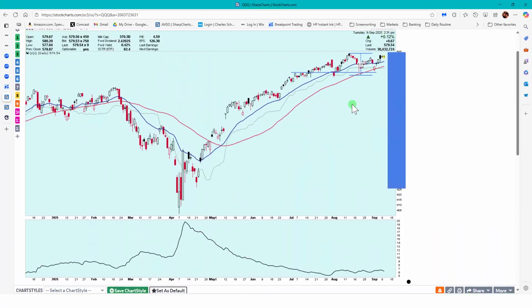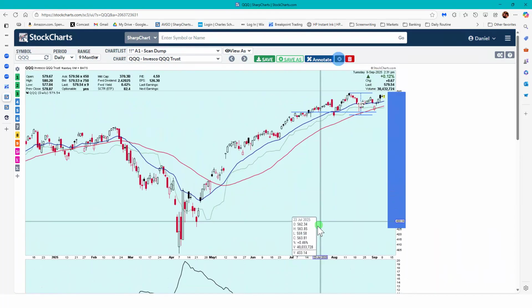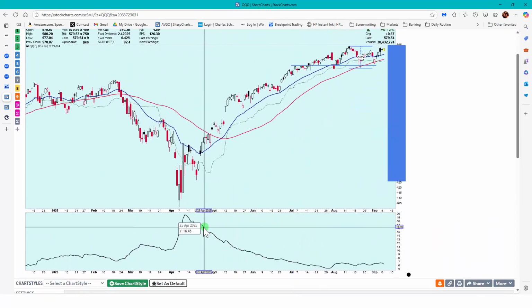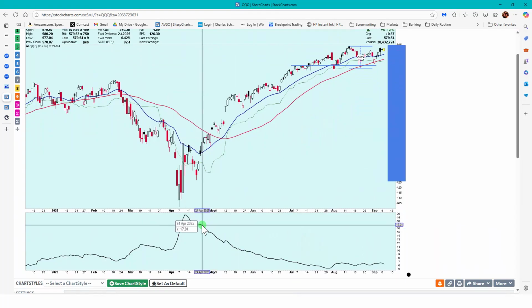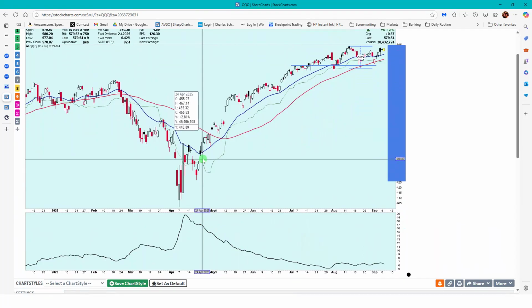So what we can now see is we'll go over here and take a look at this particular bar once again, and we'll look at what the ATR was on that day. So the ATR was $17 for this particular close. So the close right here was 466. So it was $17 below that.